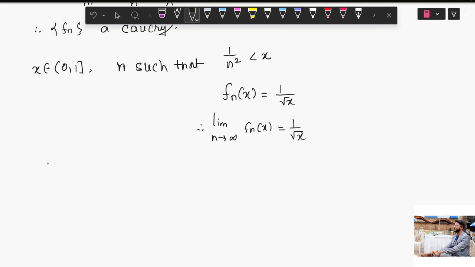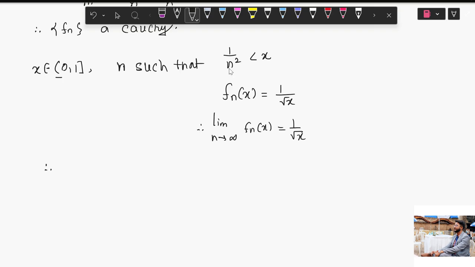So the pointwise limit of fn x on the interval open 0 closed 1 is 1 by root x, and 1 by root x has an infinite discontinuity at the point 0, right?